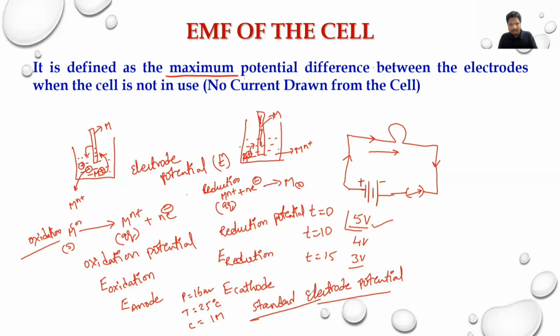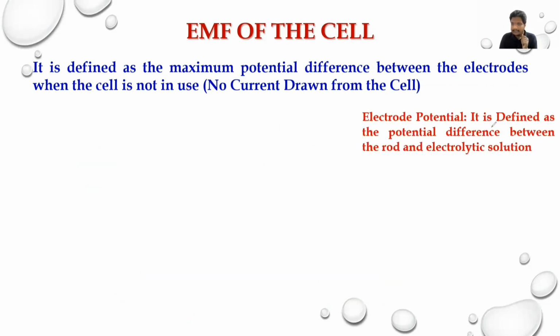Now let us see here. The electrode potential is defined as the potential difference between the rod and the electrolyte solution. Let us assume a cell, that is, a galvanic cell.